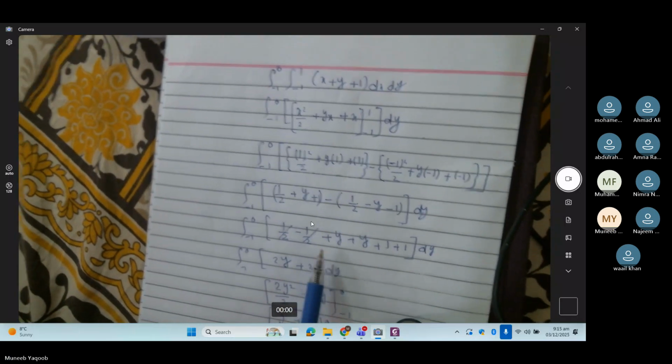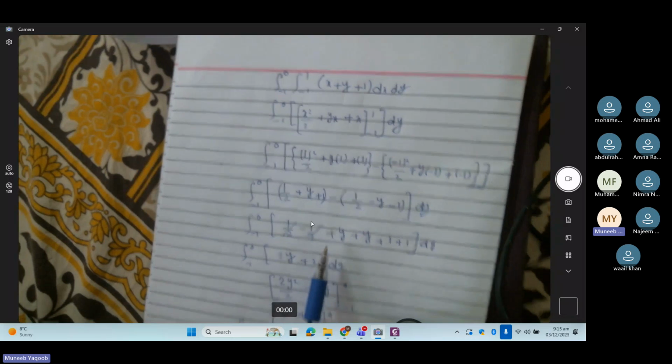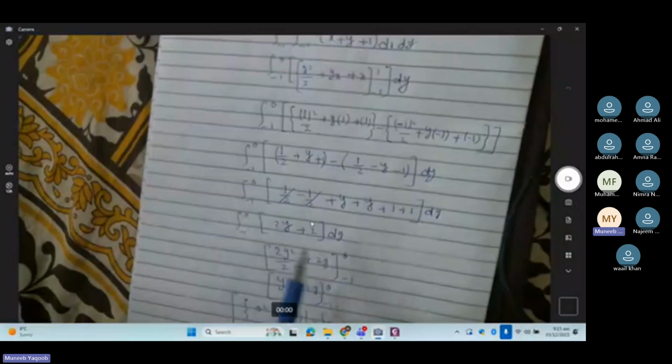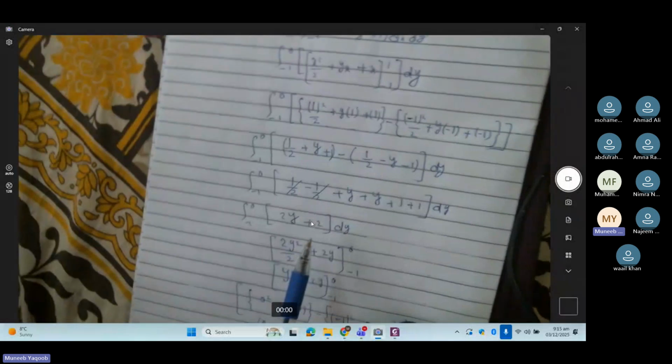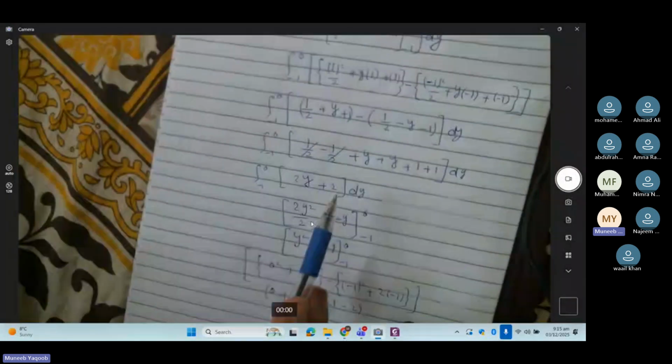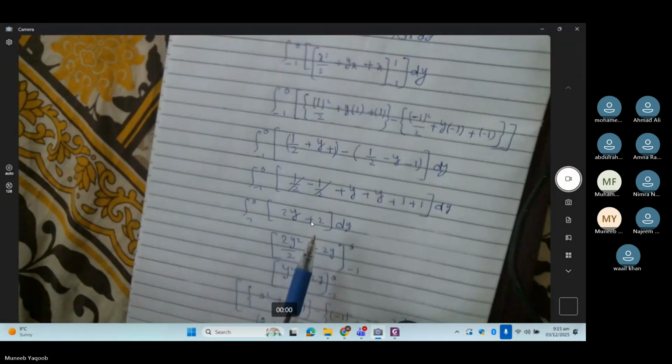We cancel the terms that are being added or subtracted, and after simplification, that's how we perform double integration.